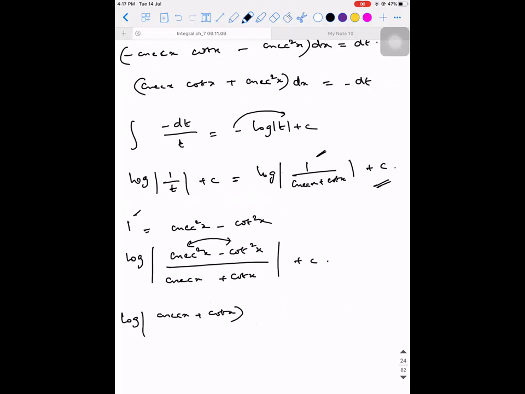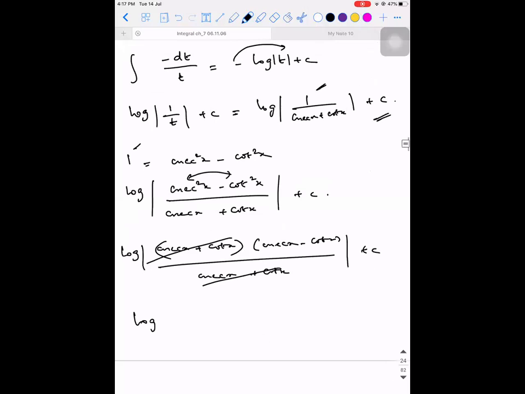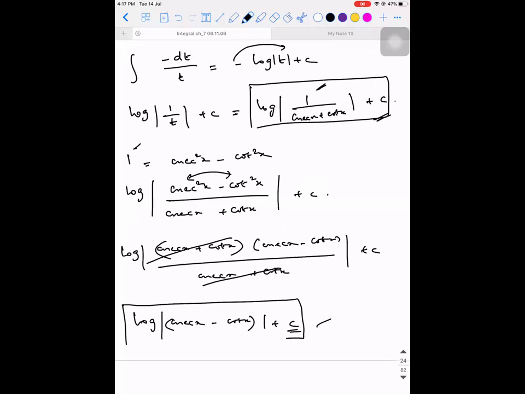So a plus b into a minus b divided by cosecant x plus cot x plus c. This and this will get cancelled. So log of mod of cosecant x minus cot x. So this is another formula. You can either use this or use this. You will get the same result. Okay, in the textbook, this is the one which is given, so you can remember this.